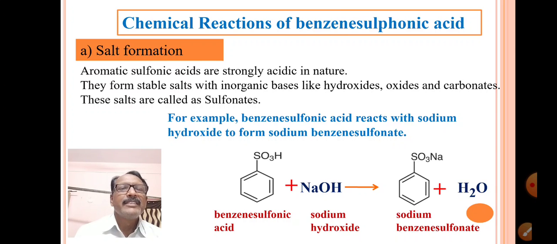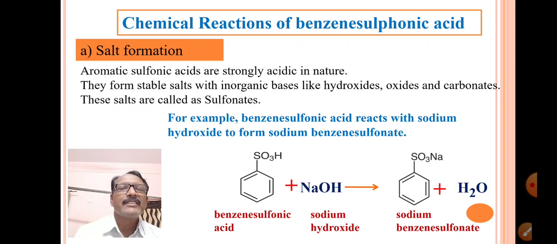For example, benzene sulphonic acid reacts with sodium hydroxide to form sodium benzene sulfonate. We can see here benzene sulphonic acid plus NaOH giving sodium benzene sulfonate, that is the salt of benzene sulphonic acid.